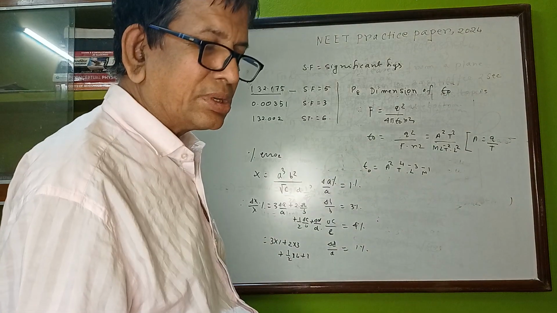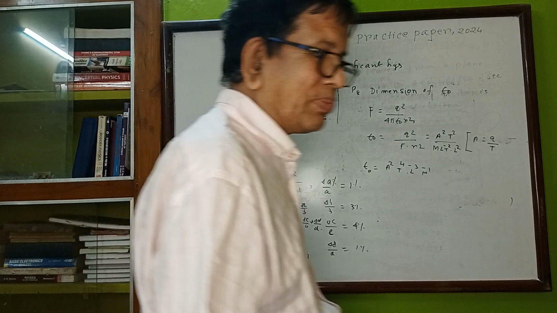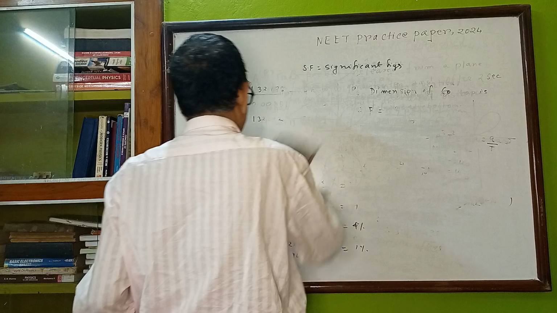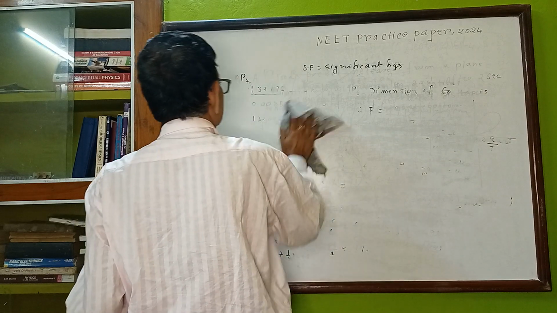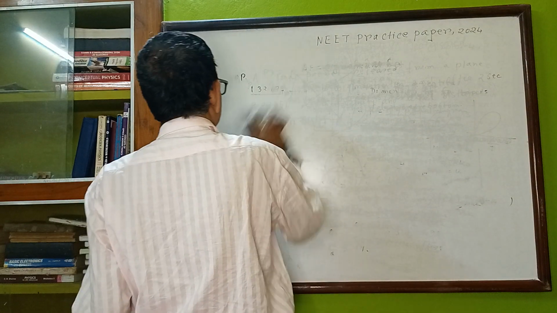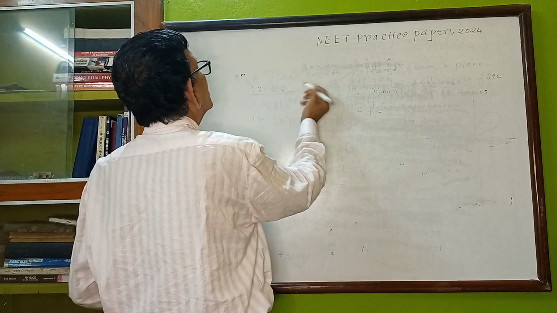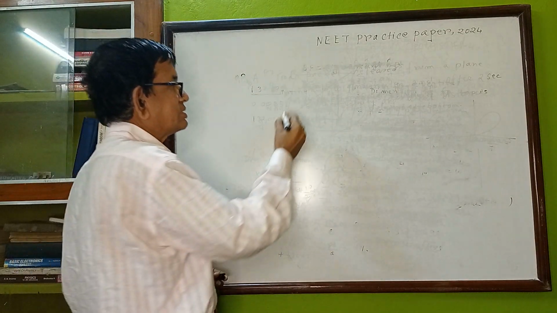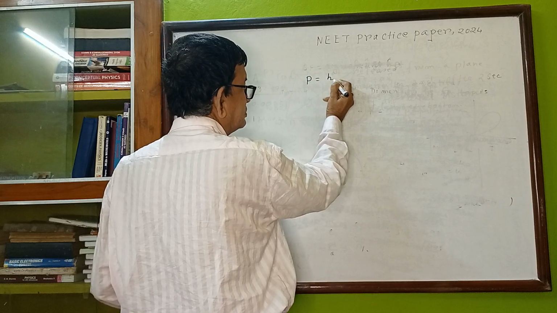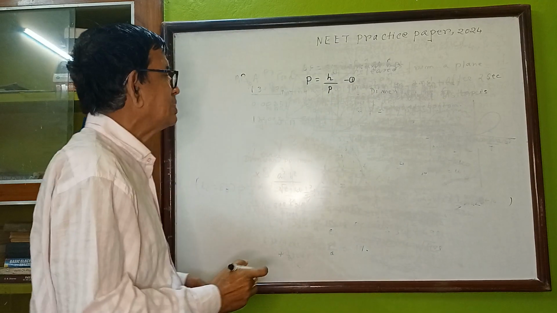Okay. Next, this is the problem, but I am showing you a few problems. Another problem, there is the Lorentz force. Suppose there is another formula, P equal to H by lambda. You know the de Broglie equations.